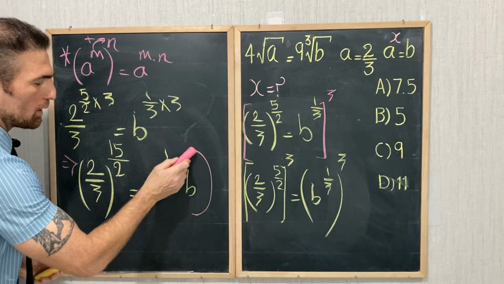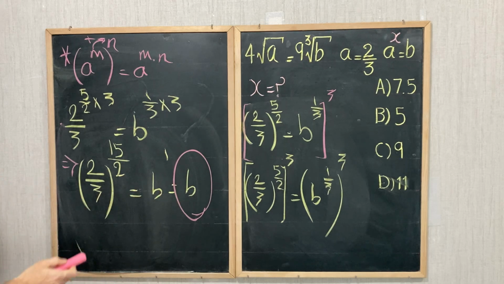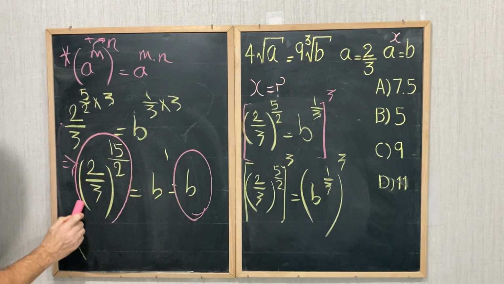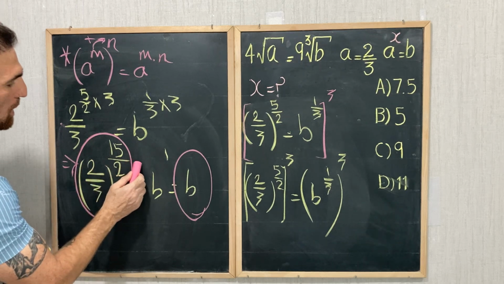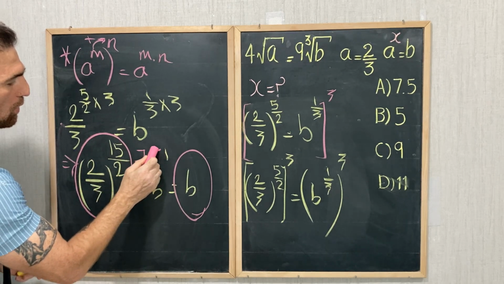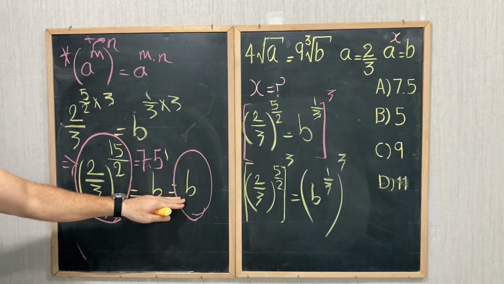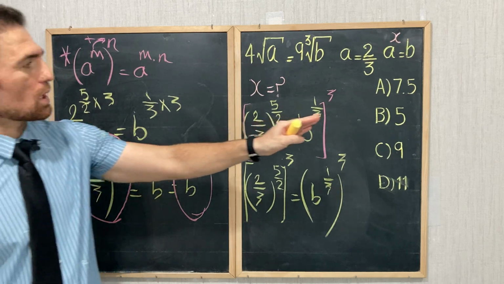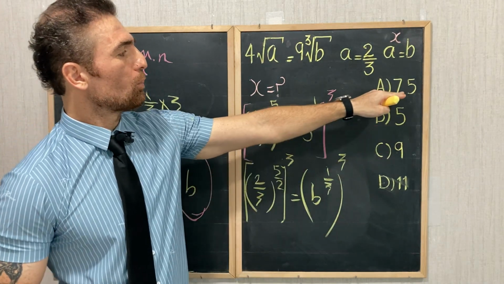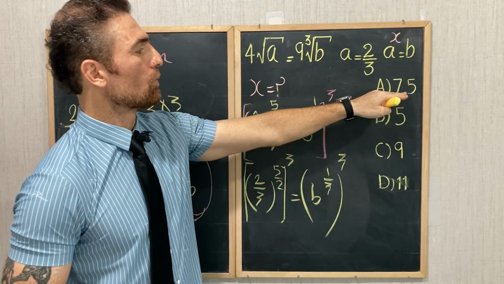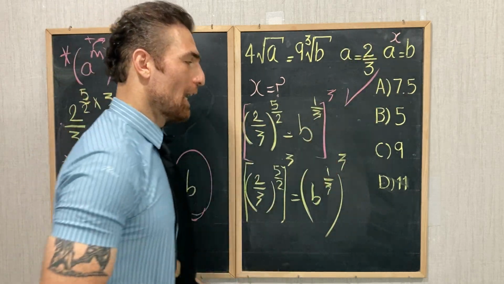Now, we are going to find the value of b, and b equals 2 over 3 to the power of 15 over 2. As you know, 15 over 2 is same as 7.5. So we can find the answer in the options. Exactly option A, 2 over 3 to the power of 7.5 is the correct answer.